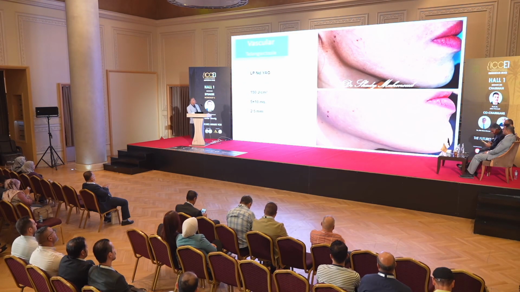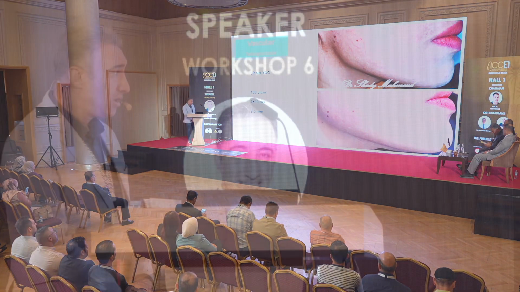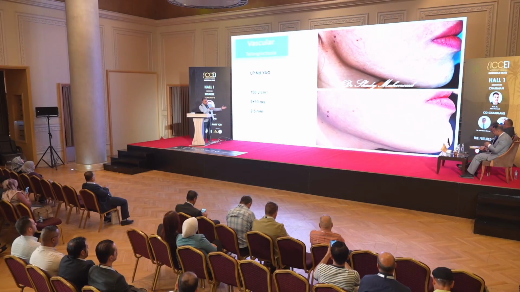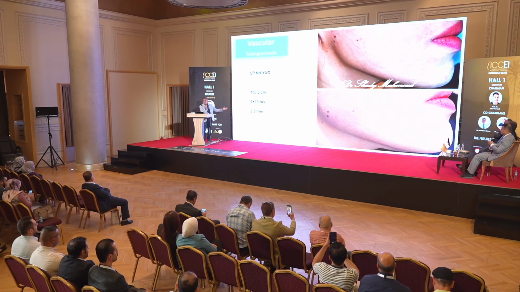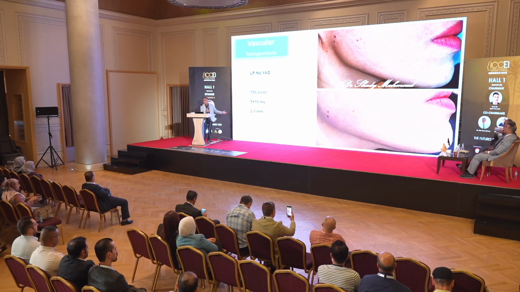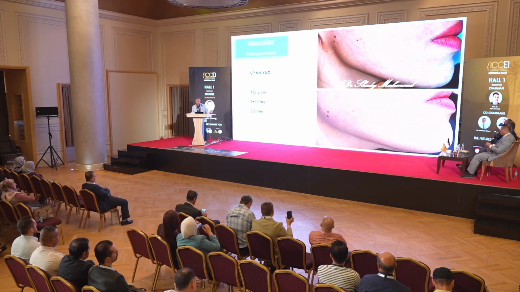The first indication I recommend is telangiectasia, facial telangiectasia, using a small spot size for small blood vessels, as you see here. If the blood vessels are a little bit larger, we can use 5 millimeter. So in facial telangiectasia, it's recommended to use 2.5 up to 5 millimeter.